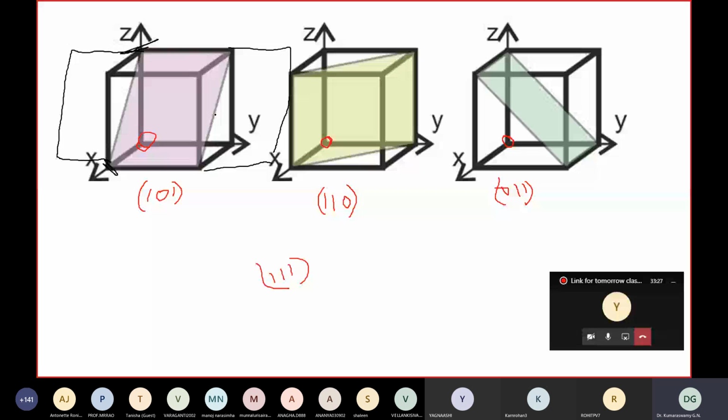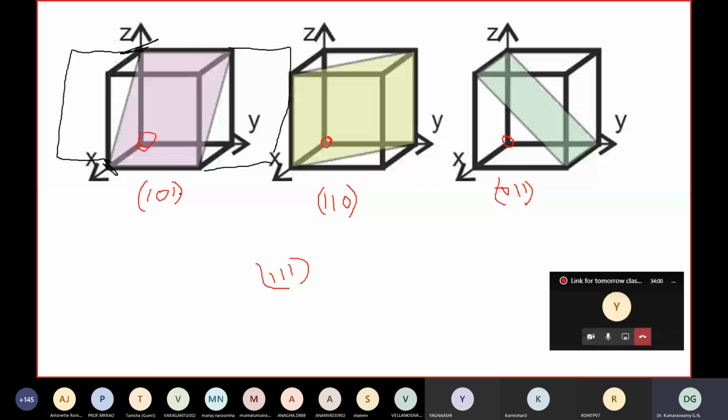It never intercepts the y-axis. So the y-intercept is infinity. Take the reciprocal of that, reduce it, you get 1, 0, 1.